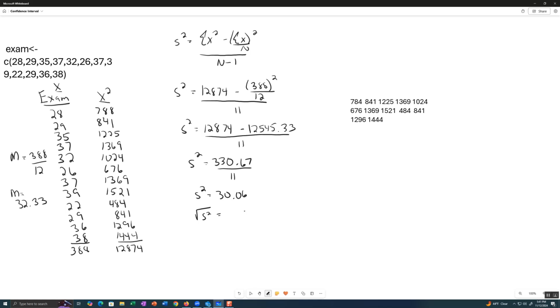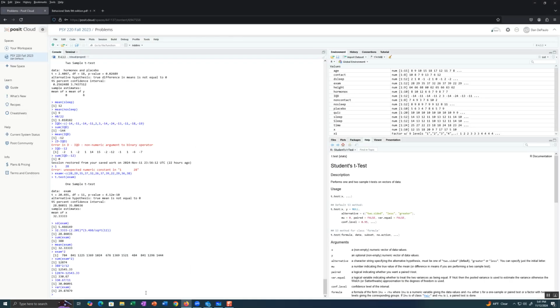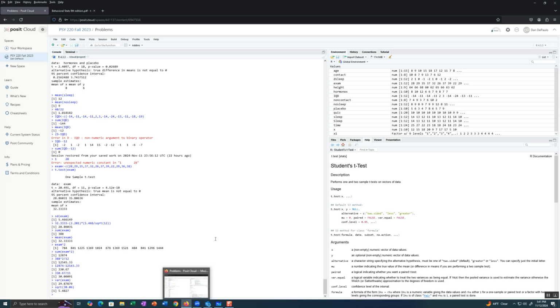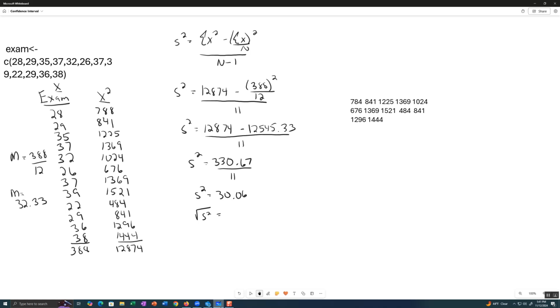The square root of that, 30.06, is 5.48 rounded. And that might be slightly off from the exact probabilities here.